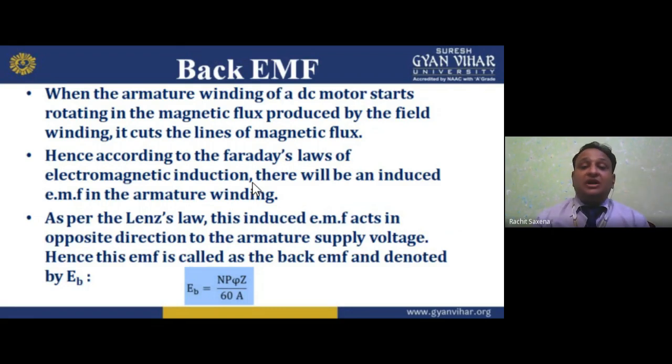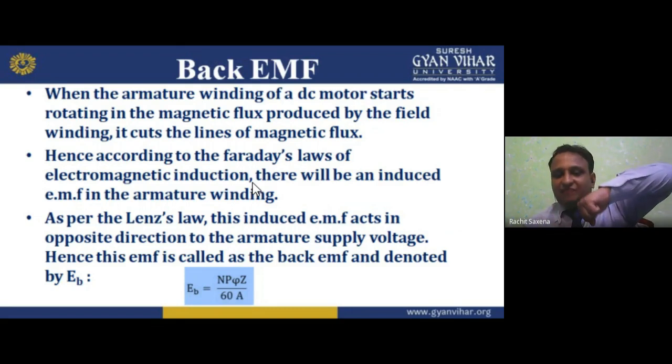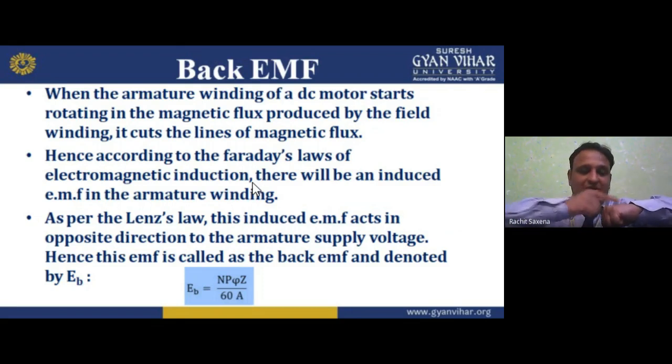When the armature winding of a DC motor starts rotating in the magnetic flux produced by the field winding, see what happens. I am representing the field here, and in this we have the magnetic flux. This is the rotor which rotates. If the rotor rotates, the flux generated by the field has flux lines, and the rotor rotates and cuts this flux, the line of magnetic flux, like this.